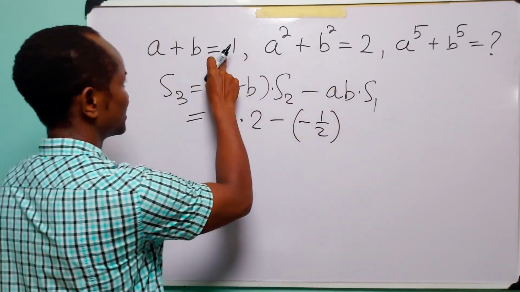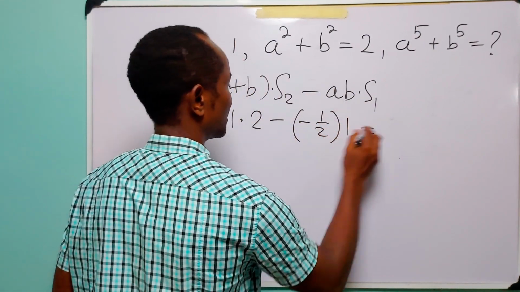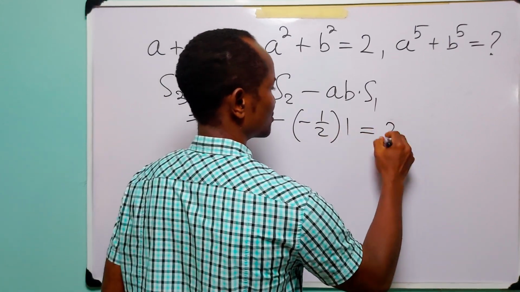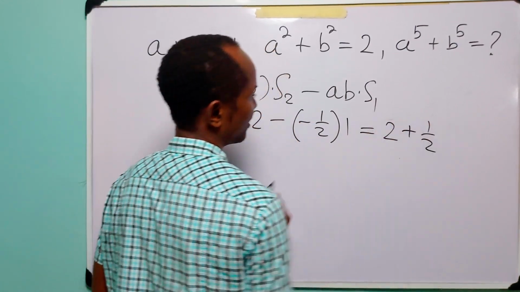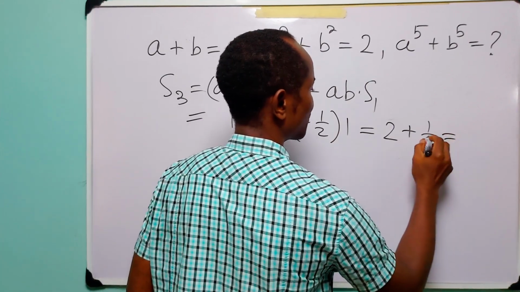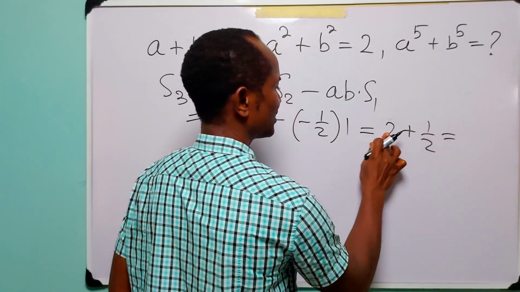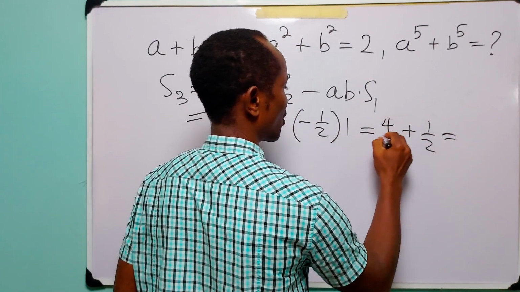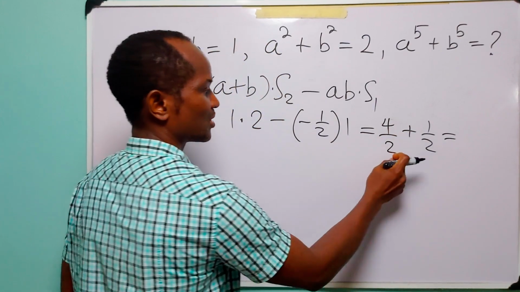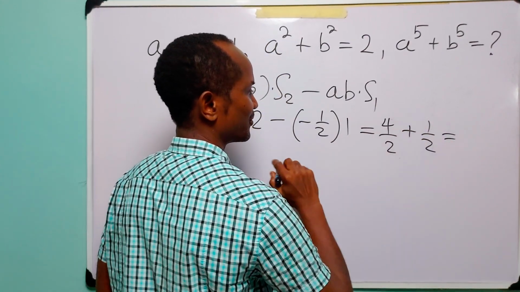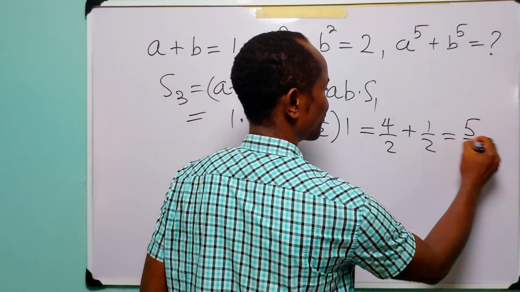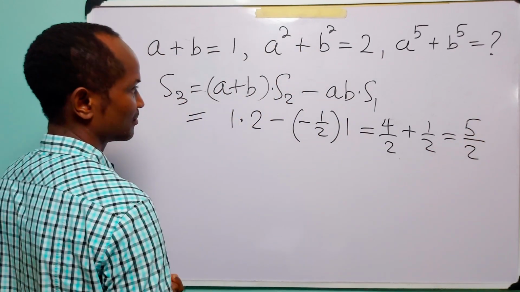And S1 is 1. From here, we have 2 minus minus is plus, and we have half. So this is equal to, let us write 2 as 4 over 2, so that they have the same denominator. Now we can simply add the numerators, and this is equal to 5 over 2.